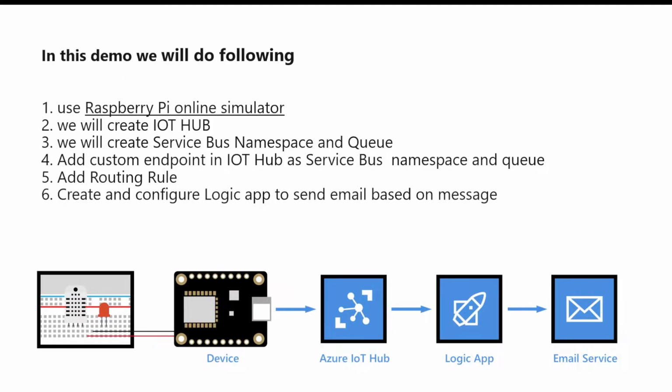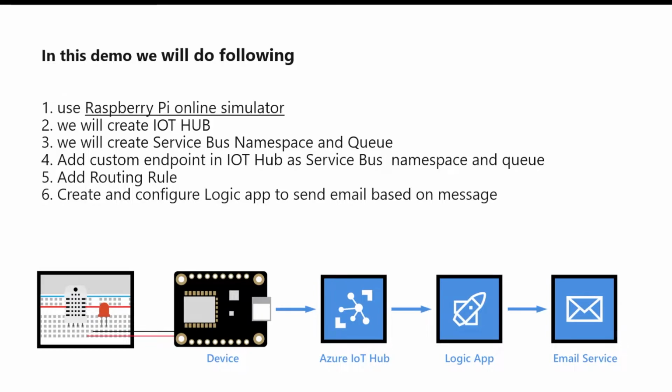So as I said, we are going to use the Raspberry Pi online simulator as we do not have a device, and then we will create an IoT Hub where they will connect and send the messages, and then we will create the Service Bus namespace and queue, and we will connect the Service Bus namespace and queue in IoT Hub as a custom endpoint.